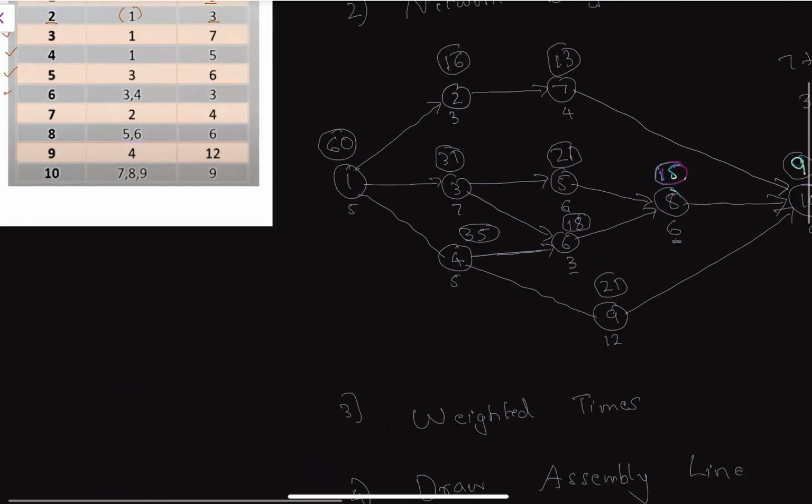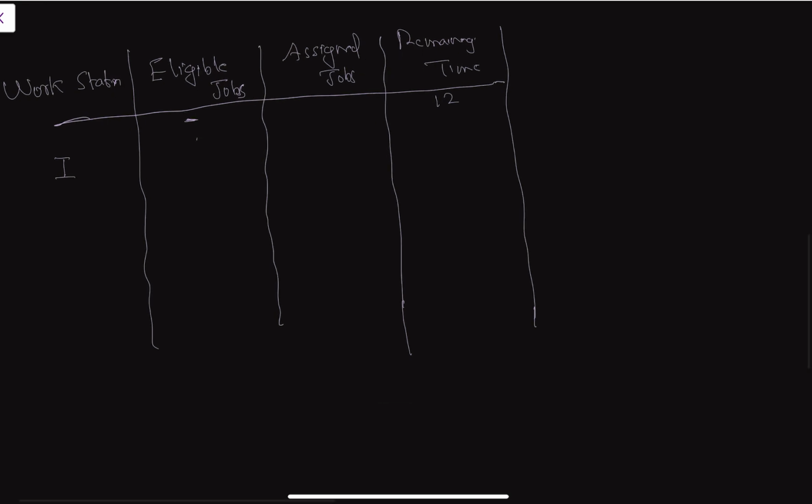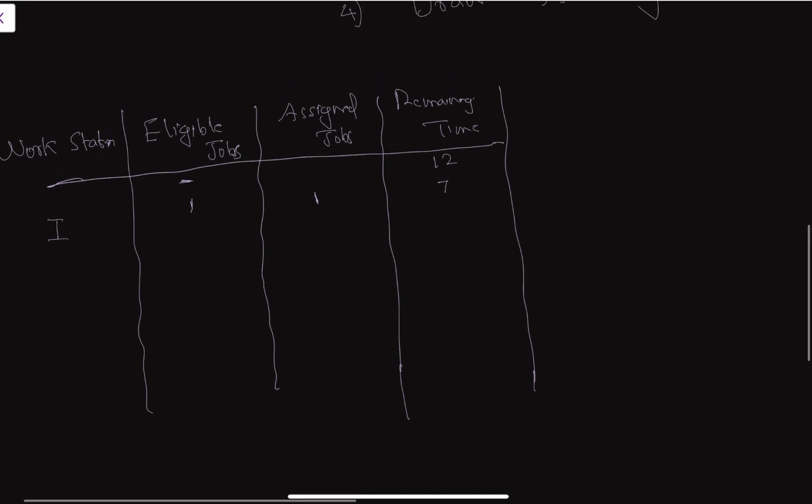So first we will include 1. It will take 5 minutes. So we have included 1. So we will assign the job 1. Okay, and the remaining time now is 7. And now, what are the eligible jobs?